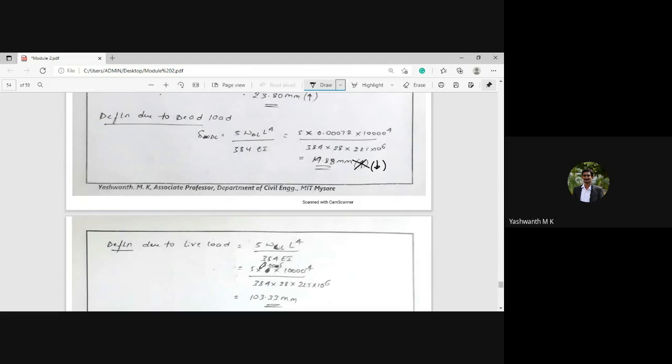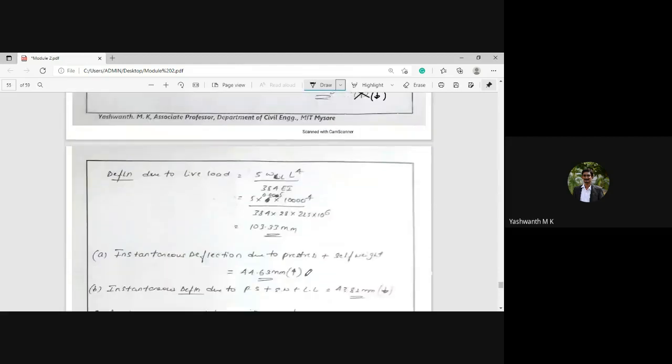That is 5 into 0.005 into 10,000 to the power of 4 divided by 384 into 28 into 225 to the power of 6. The answer will be 103.3. Once it is subjected to the live load, you can see the deflection rises to this much, that is 103.33 millimeter.